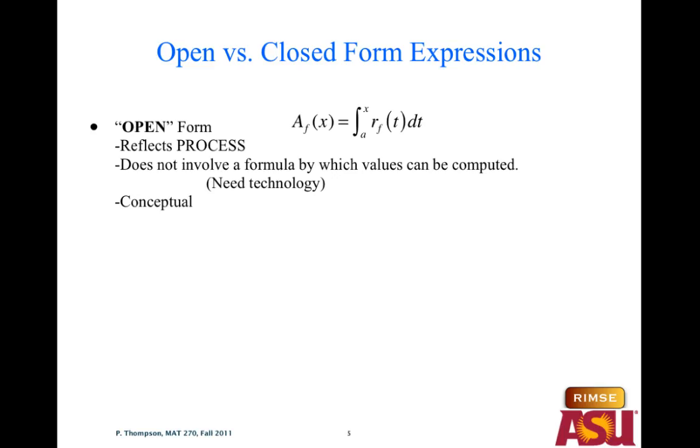There was a process from rate to accumulation that's reflected in that. Remember when you see that, you think of the rule. It does not involve a formula by which values can be computed. We need technology. If we have a value of the independent variable and we want to get the amount of accumulation or net accumulation, we need technology. It's conceptual.